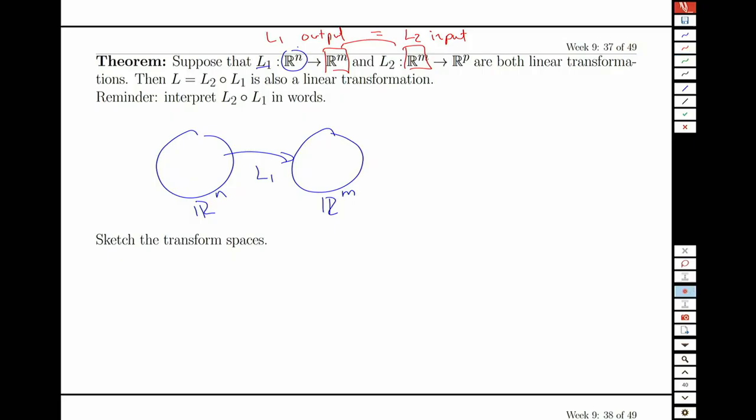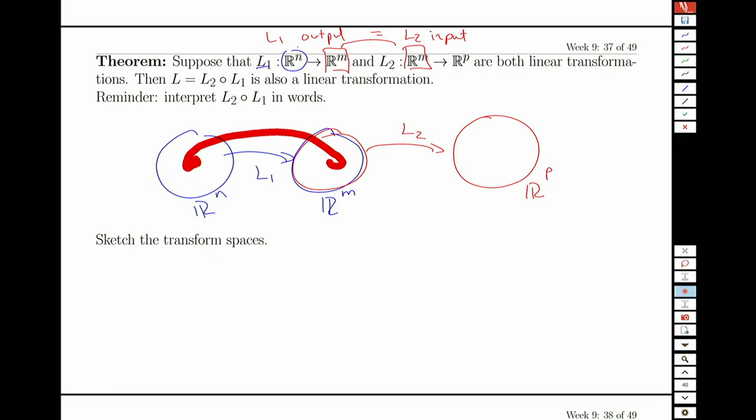If L2 is waiting for a certain kind of input, we have to give it that, or it doesn't make any sense. Then we can map that space with L2 to some third dimensionality. I'm sorry, I think I've misplaced my order here. That's the sketch of what's happening. We take some vector in 3 dimensions, map it to a 2-dimensional thing, but my second transform loves 2-dimensional inputs, so we can transform that into some 5-dimensional output. Sure, whatever.